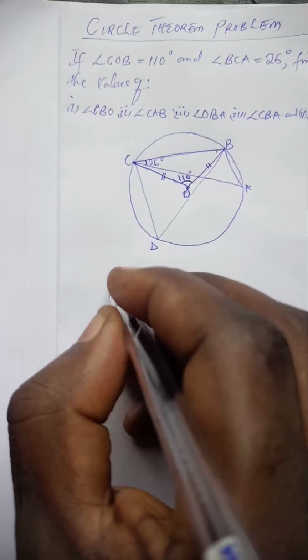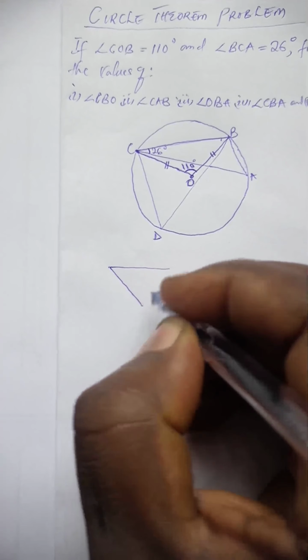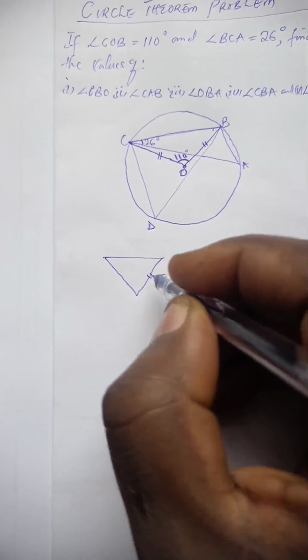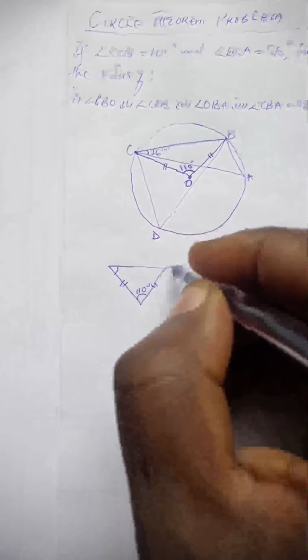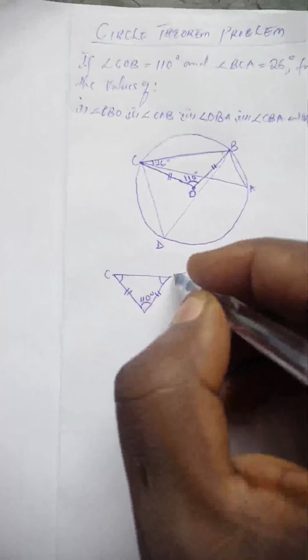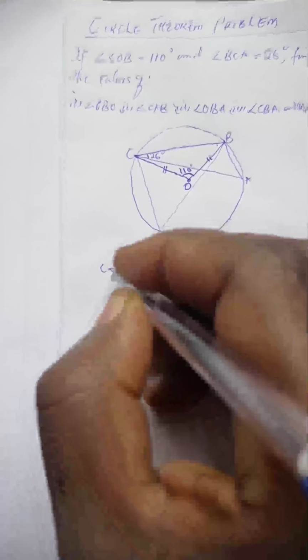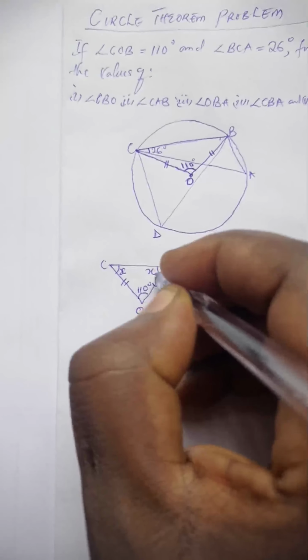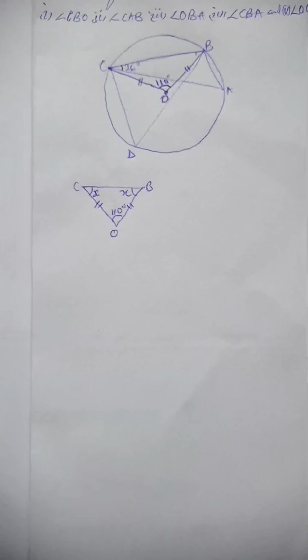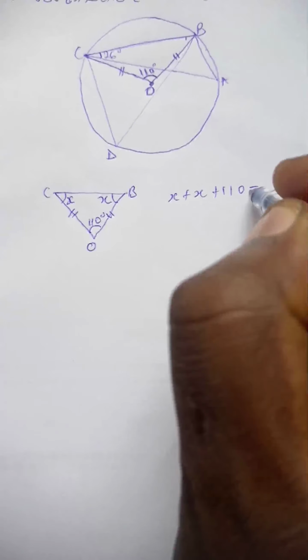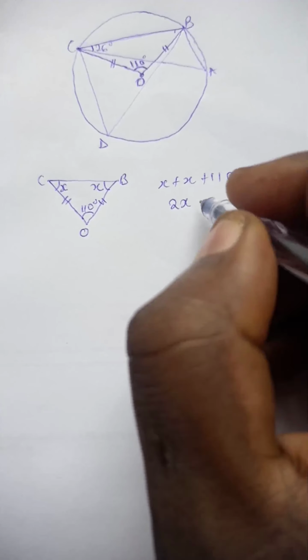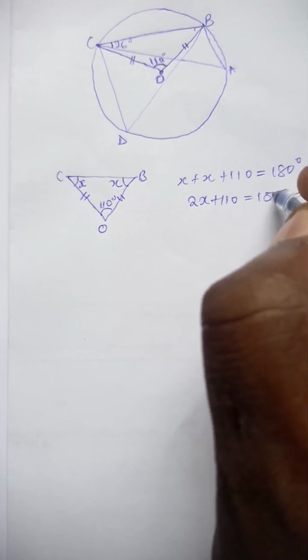Let me bring it out. So I have this portion and this portion, and this angle is 110 degrees. Recall that the base angles of an isosceles triangle are equal. So if I call this x, this is also equal to x. We all know that the sum of angles in a triangle equals 180. So x plus x plus 110 is equal to 180 degrees.